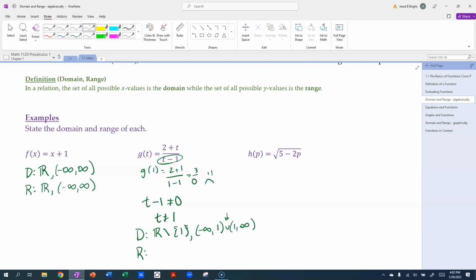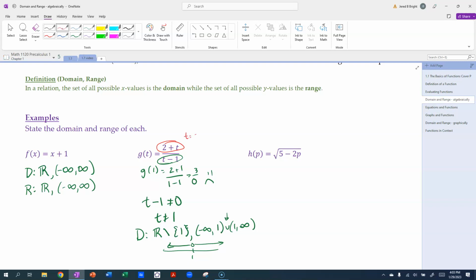The number line would look like this, I don't have much room, I'll do it here. At 1 we'd have a hole, and we would have everything apart from that, so that's why we have the two pieces. One piece of information here: we don't much care if the numerator is 0, right?